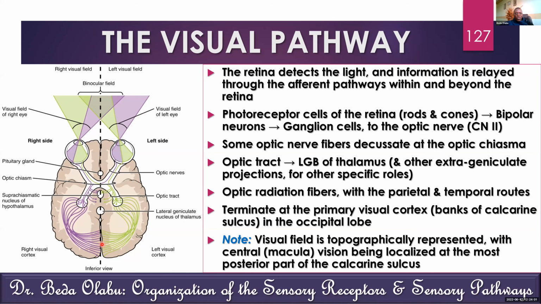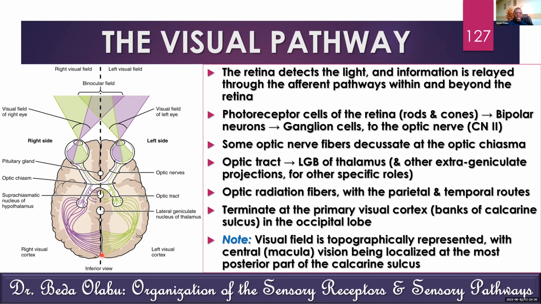at the primary visual cortex, the information from the visual field has a topographic representation as well. The region that represents central vision, which means the rays that landed at the macula, the information of the macula, lands somewhere there at the posterior pole of the primary visual cortex.